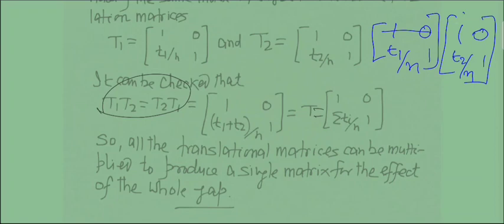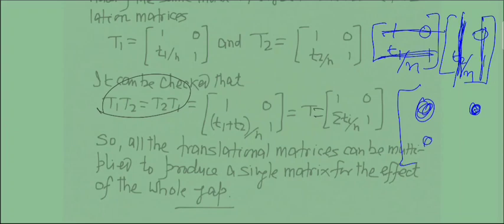This row will be multiplied by this column. The result will be written over here. Then this row will be multiplied by this column. The result will be written over here. Then this row will be multiplied by this column. The result will be written over here. Then this row will be multiplied by this column. The result will be written over here, okay.